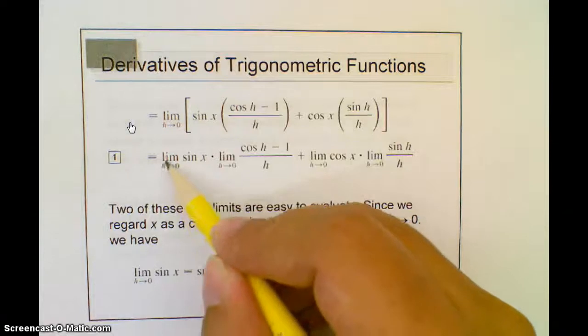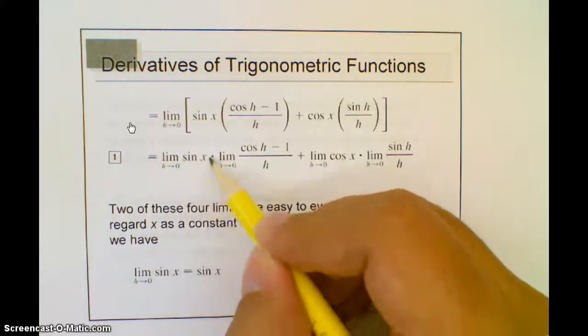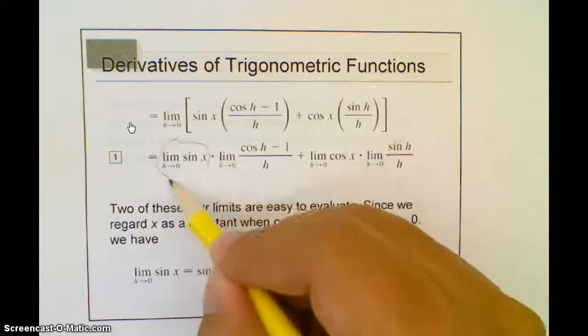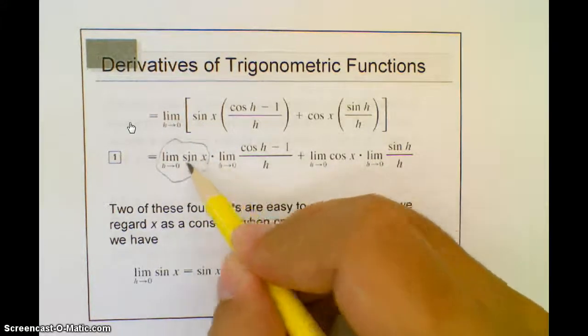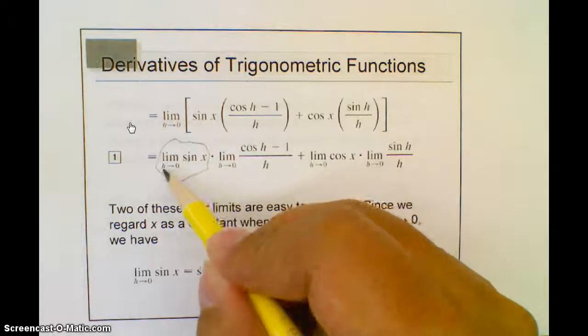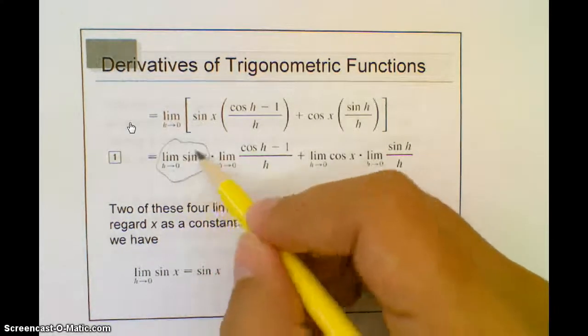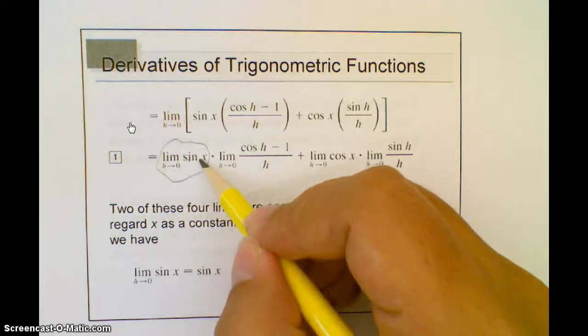Now from here I can see that if I'm going to find all these limits, one interesting thing that I see is that as h is approaching 0, what would be the limit of sine of x? Now let's remember what our constant rule was. Sine of x, there is no h present in here. So if I'm evaluating this limit as h is approaching 0, since this expression does not depend on h, I'm going to consider it as a constant.